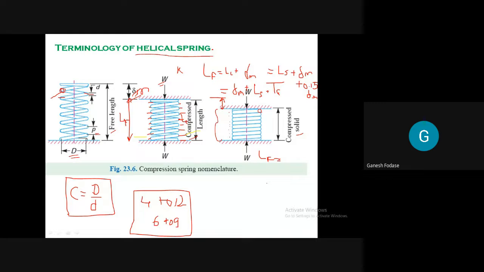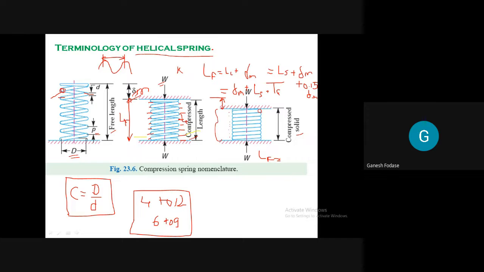Pitch is the distance between two adjacent points on the spring wire. In the case of gears, we saw that the pitch is the distance between corresponding teeth, or adjacent teeth. In the same way here, the distance between corresponding points on adjacent wires is called the pitch. Clear?